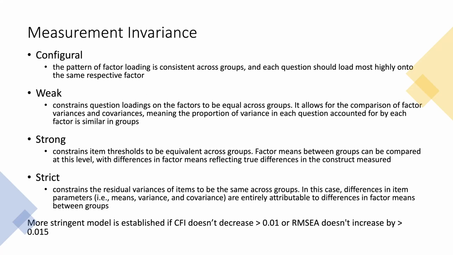So we want to make sure that these questionnaires are measuring what they're supposed to measure, no matter when you measure them and no matter who's answering these questions. That's where measurement invariance comes into play.